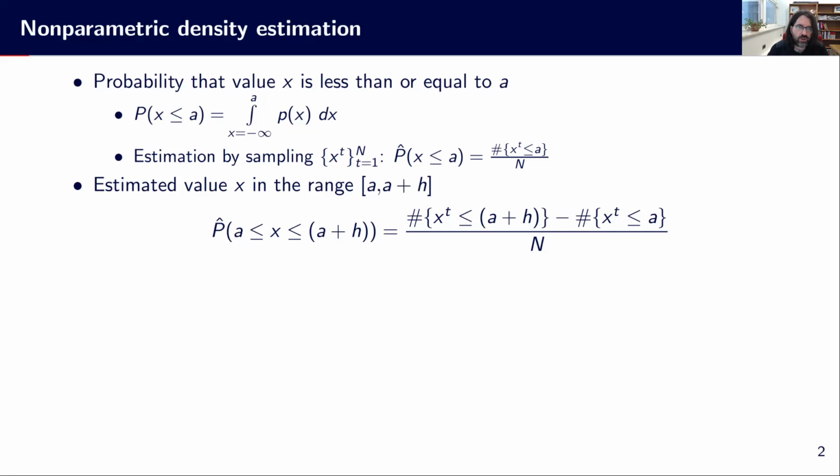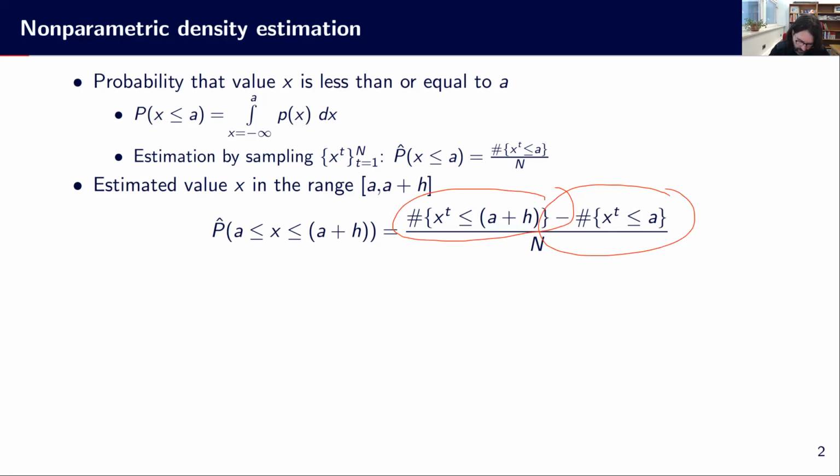If we are looking to estimate the value of x in a range from a to a plus h, the estimation of the probability that x is coming from that range is simply to look at the number of xt that are less than a plus h minus the number of xt that are less than a.